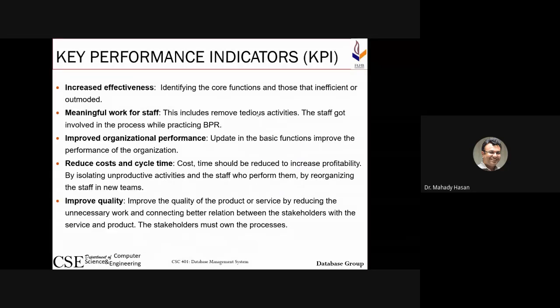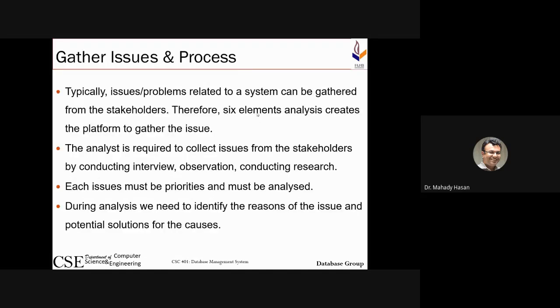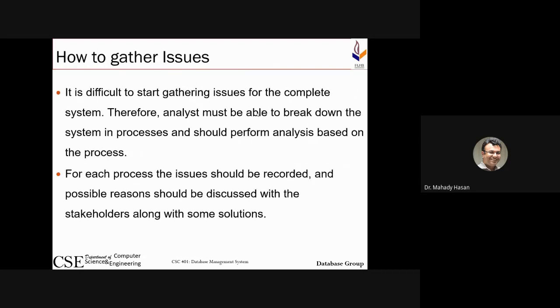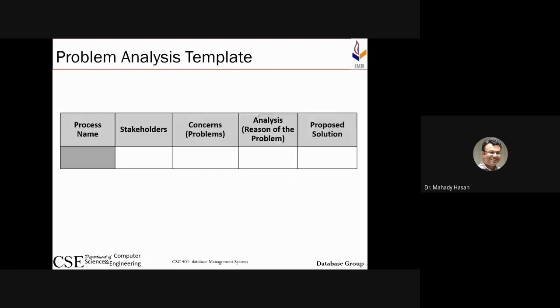How can we reduce cost and time? How can we improve the overall quality of the process? These are the 5 things that you have to think about for all the processes. So this is the template that we need to use for performing this activity.